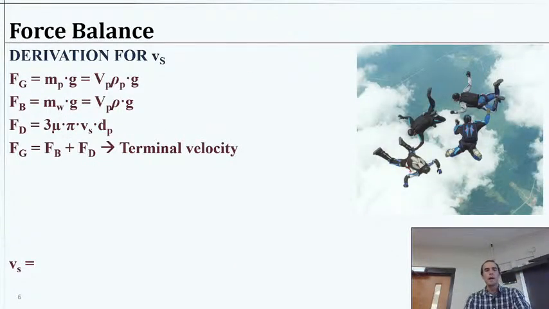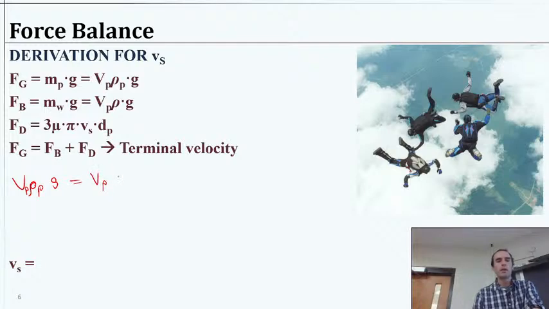Okay, so for the force balance, we're going to set it up and say, here are our force equations. We're going to take the force of gravity and define that as V times rho, so the volume of the particles times the density of the particles times the gravity, and we're going to set that equal to the buoyant force, so the volume of the particles times the density of the water they're displacing times the gravity, plus this force of drag.